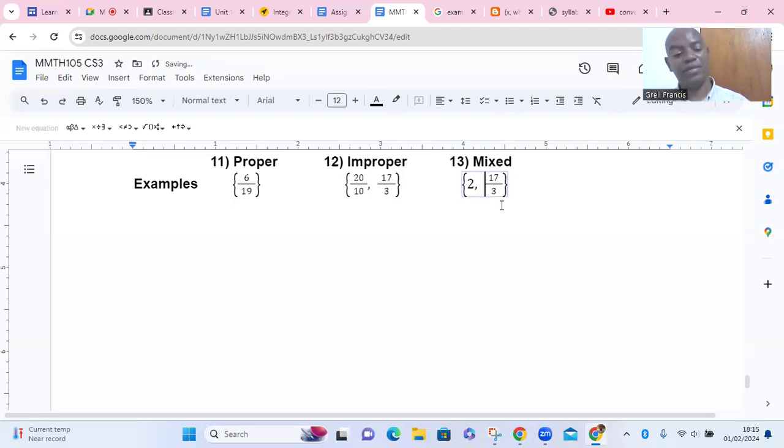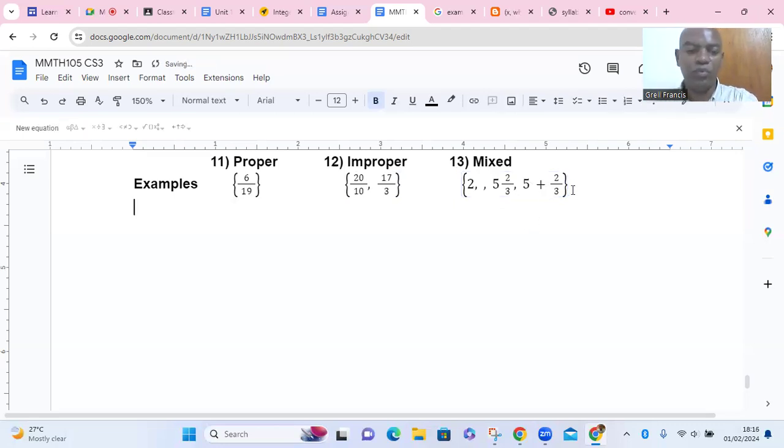No, 5. 5 times, 5 threes are 15. 17 minus 15 equals 2. That's 5 plus 2/3. Okay, so you can write it as 5 and 2/3, or you can write it as 5 plus 2/3.